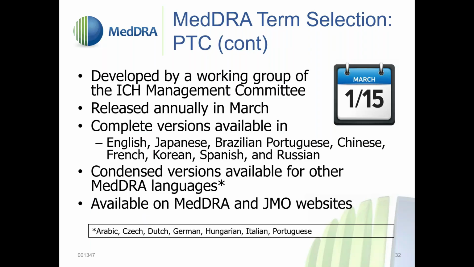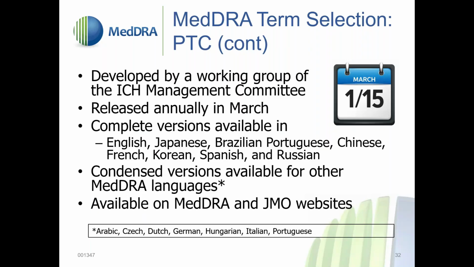Russian. The English version is released with each major MedDRA version release, that means beginning of March each year. The translations follow on March 15th. In addition, there are condensed versions of this original document in other MedDRA languages, except those that I have just mentioned.